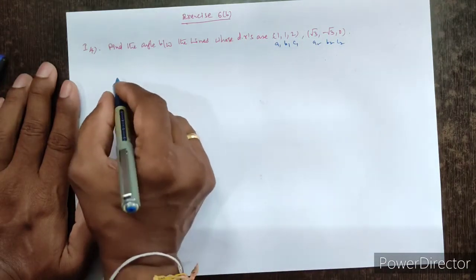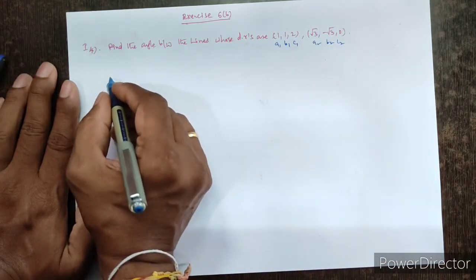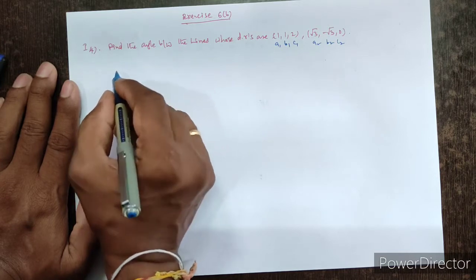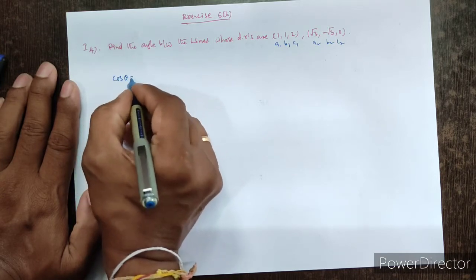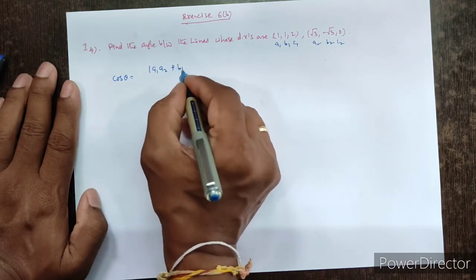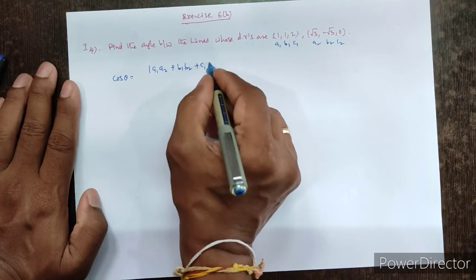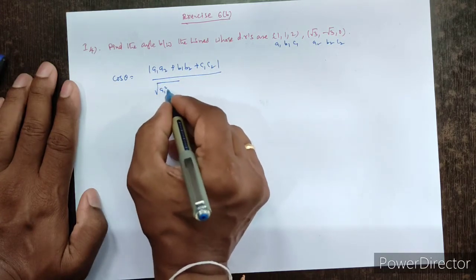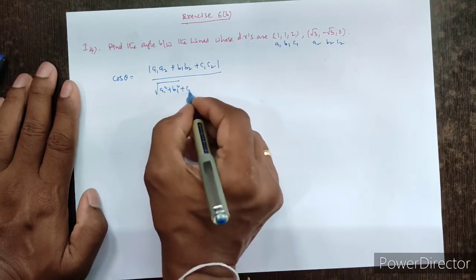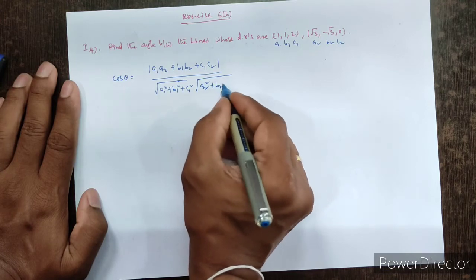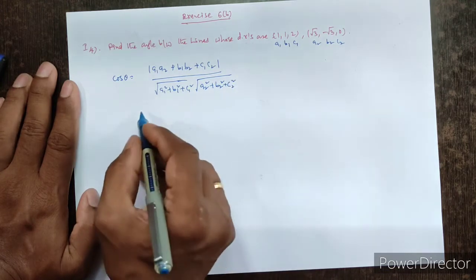We already had the formula for the angle between two lines given direction ratios: cos theta equals modulus of a1 a2 plus b1 b2 plus c1 c2, divided by root of a1 square plus b1 square plus c1 square, into root of a2 square plus b2 square plus c2 square.